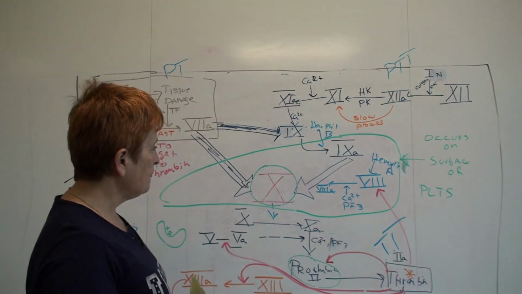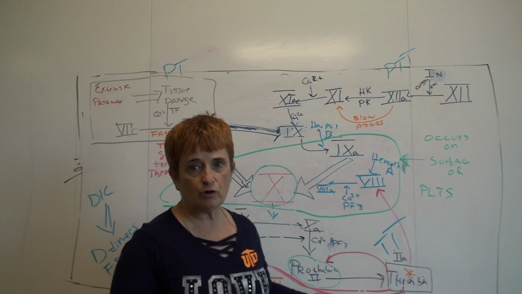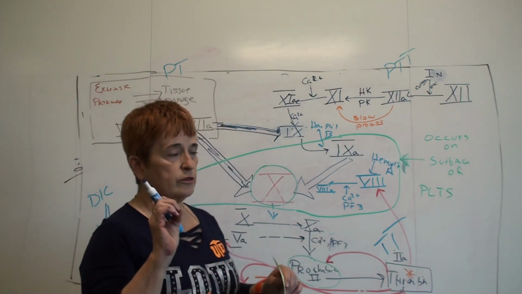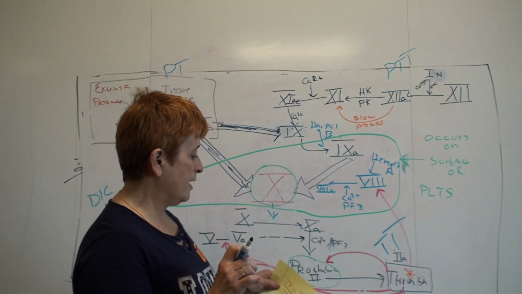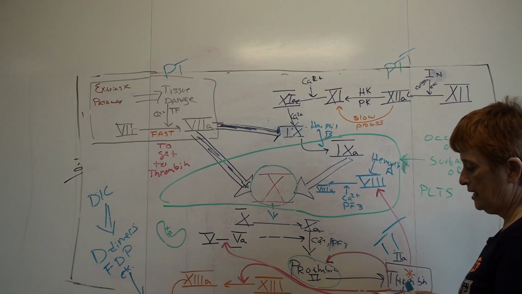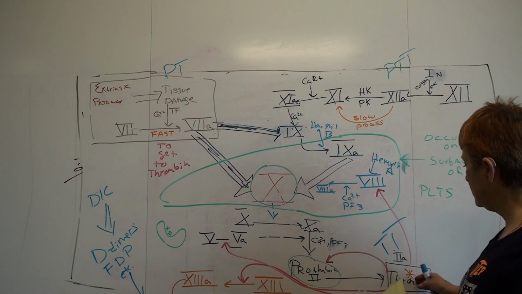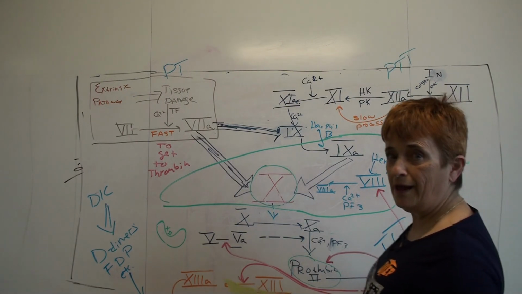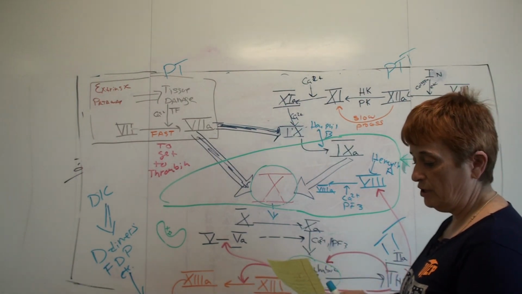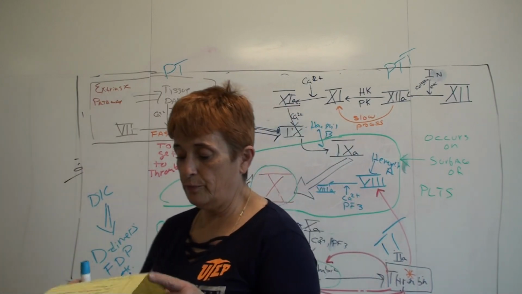So I want to reiterate the importance of your thrombin. Thrombin is so important. Thrombin acts as a procoagulant because it helps with activation, etc. It's actually an inhibitor also at the same time because it can also bind antithrombin 3 and some other things. And thrombin also acts with tissue repair also.